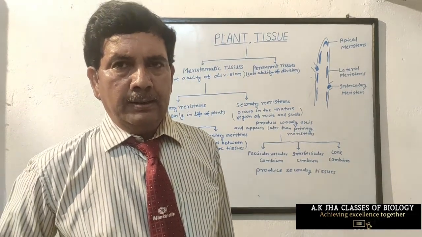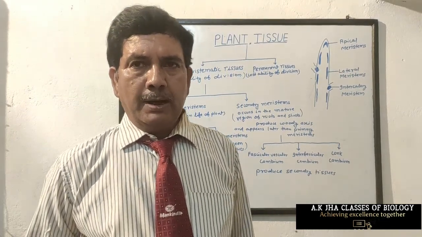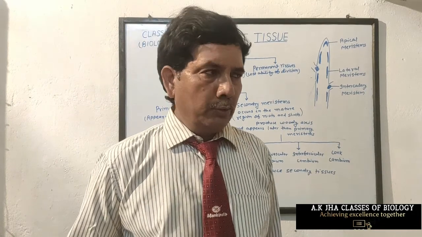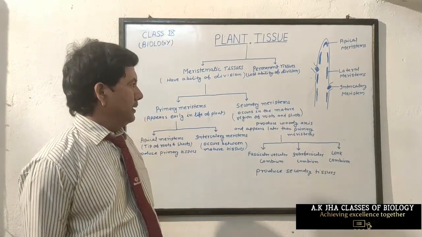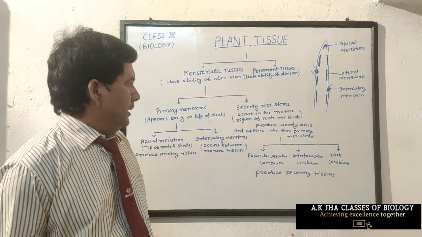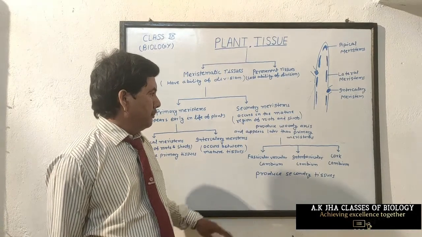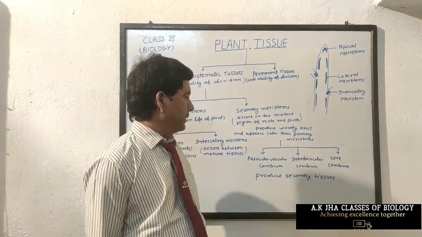They continuously divide and help in profuse branching of roots and shoots. And secondary meristems occur in the mature region of roots and shoots, and they produce woody axis and appear later than the primary meristems.